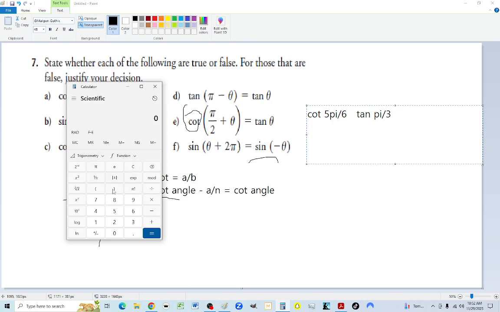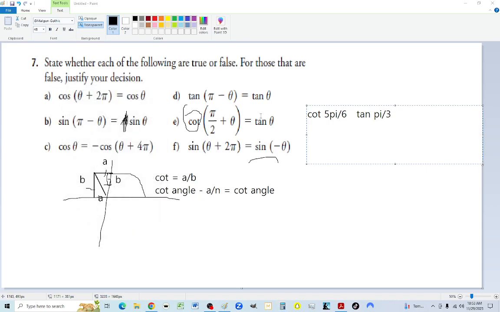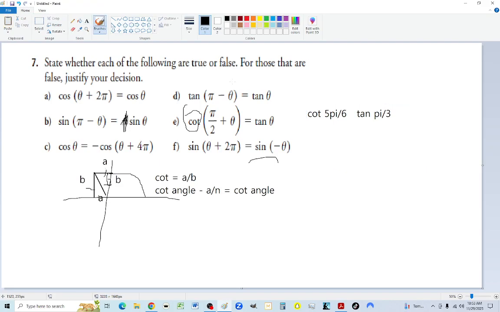Is that the same as the cotangent of pi over 3? 1.73, and let's recall the number. Negative 1.73. So they are equivalent numbers, but because one is positive and the other one is negative, I actually got that wrong in terms of the angles, and instead should have focused on this being positive and this being negative.